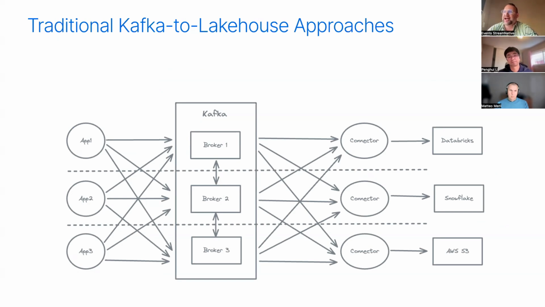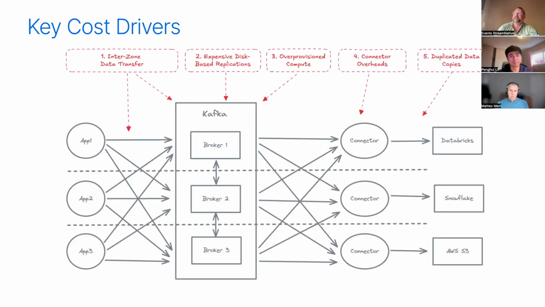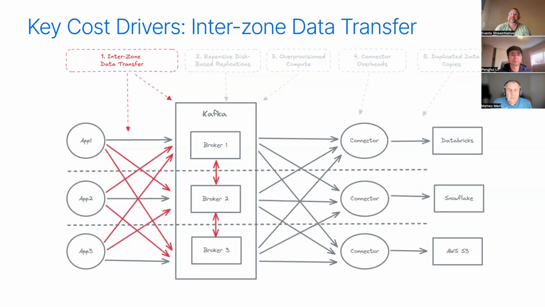Then to get the data out, the connectors may have to connect to brokers in different availability zones and have large amounts of interzone traffic, and then store additional copies in external systems like Databricks or Snowflake. So the cost drivers here are interzone data transfer, expensive disk-based replication, over-provisioned compute, connector overhead, and duplicated data copies.